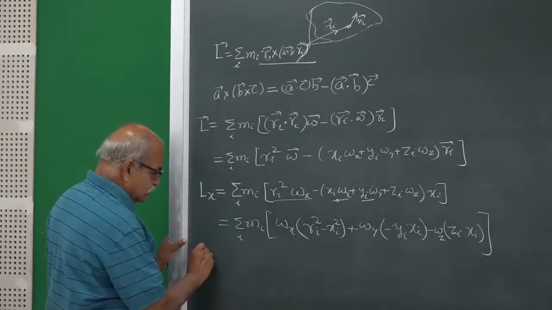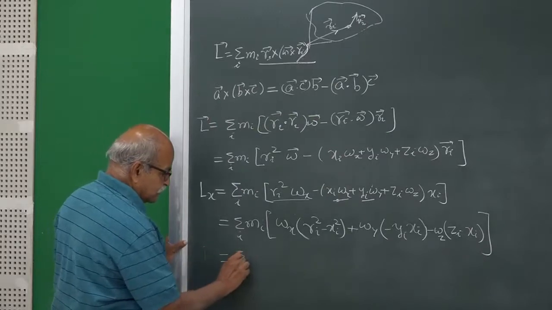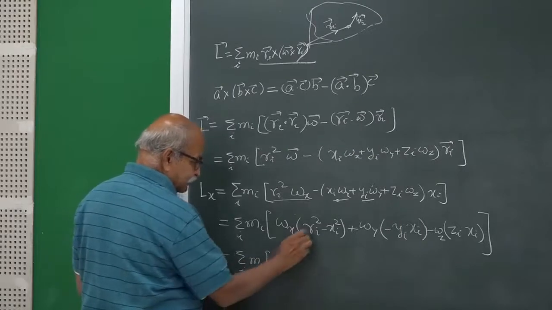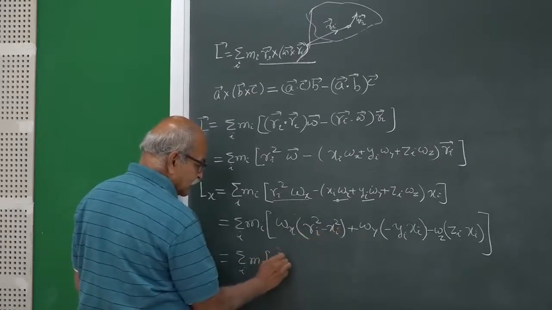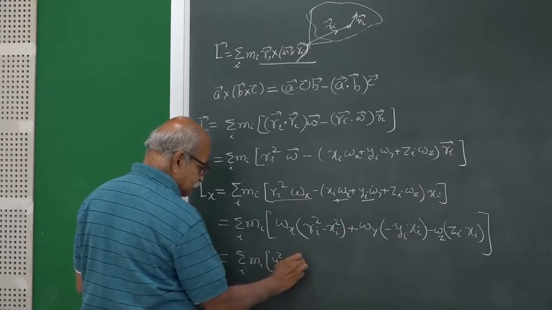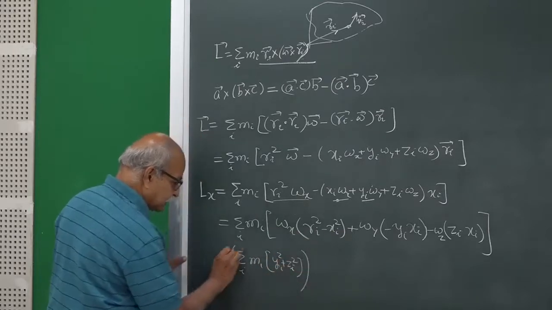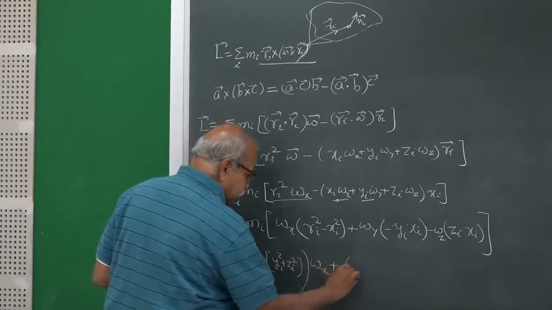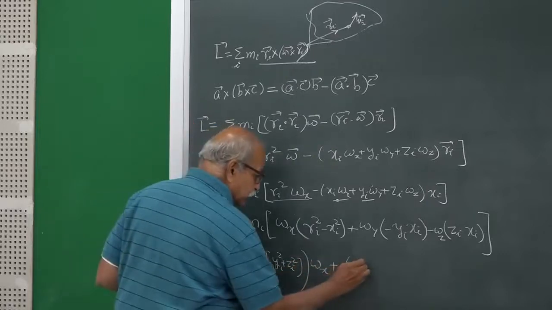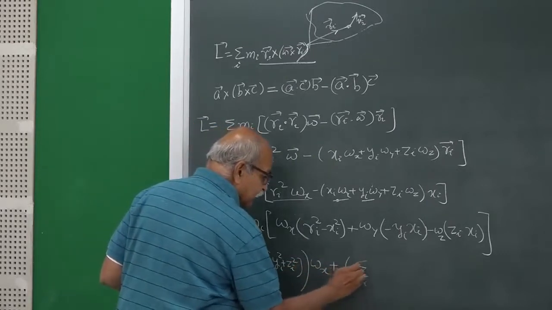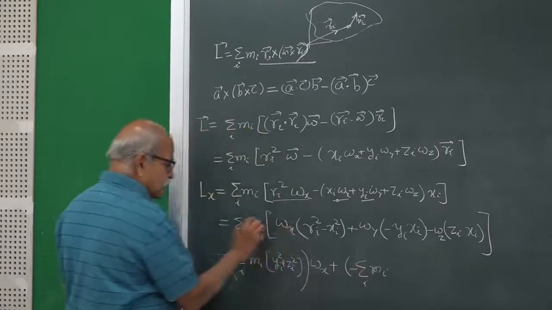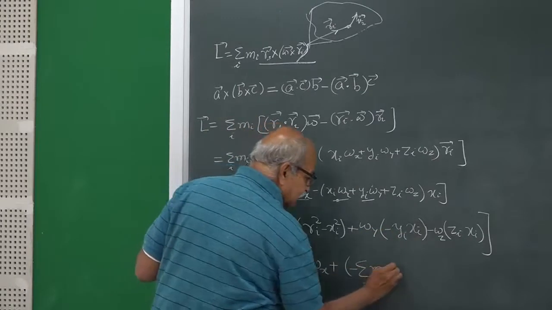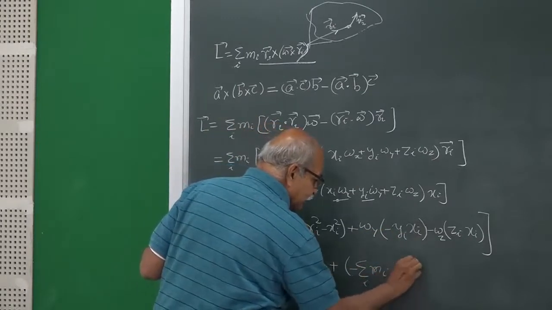So, L_x is equal to summation over i of m_i times y_i square plus z_i square. This is one part, into omega_x. Then plus the omega_y part: summation over i of minus m_i x_i y_i, and then omega_y.